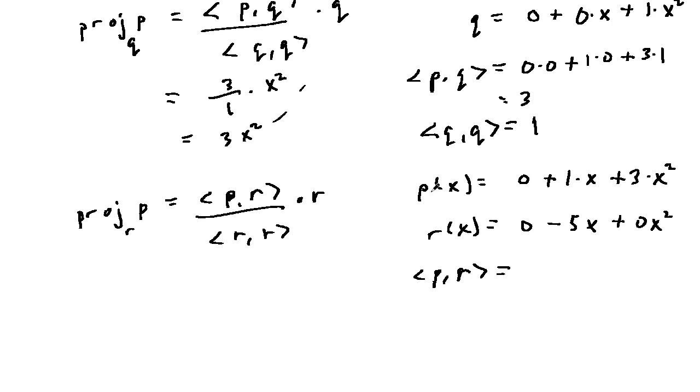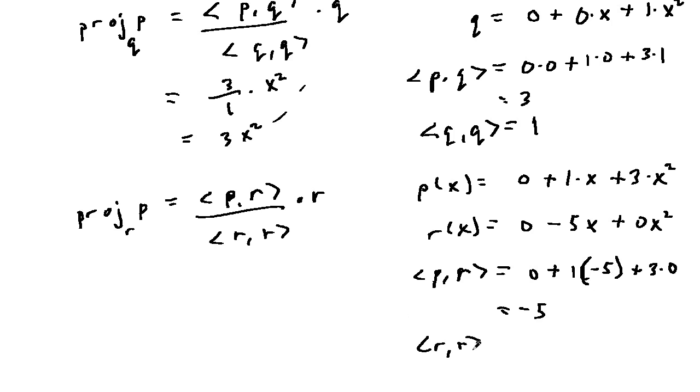The inner product of P with R: let's look at the coefficients and multiply them out, so 0 times 0 plus 1 times negative 5 plus 3 times 0. So that's negative 5.